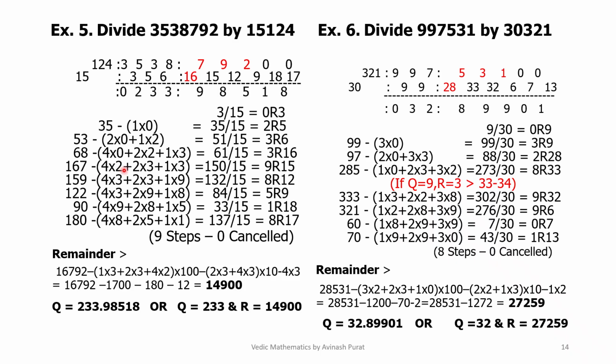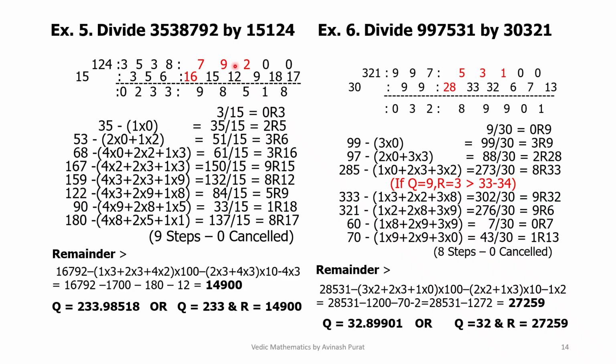So 159 is the dividend, minus 4 into 3 plus 2 into 3 plus 1 into 9 equal to 132, divided by 15 equal to 8, and remainder is 12.